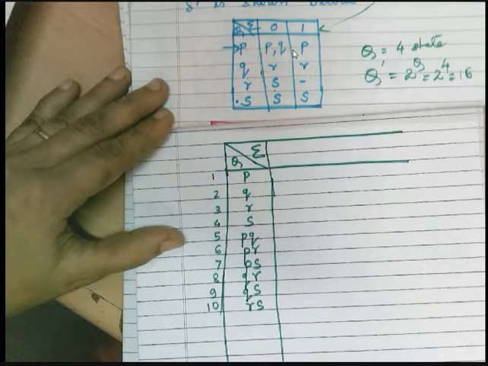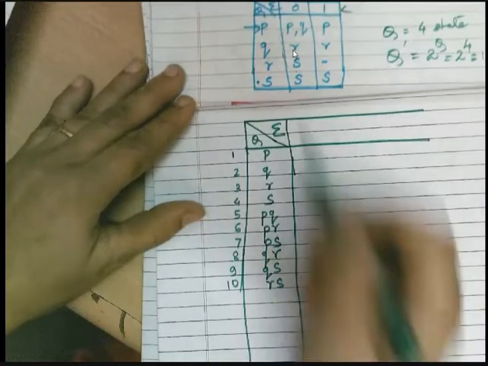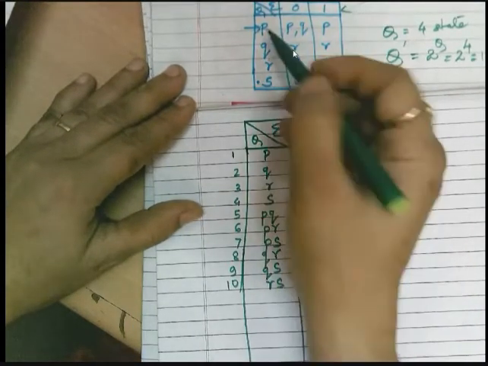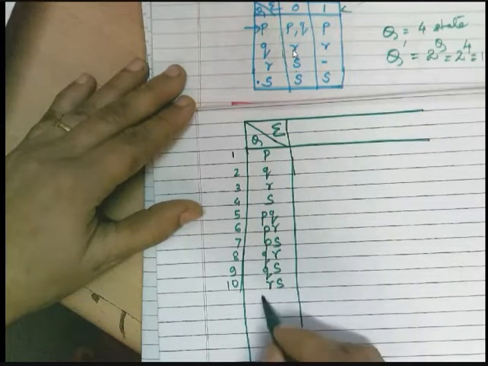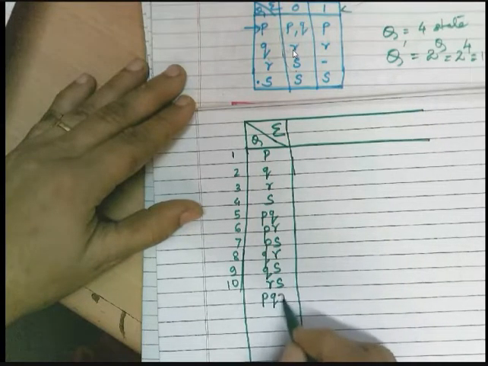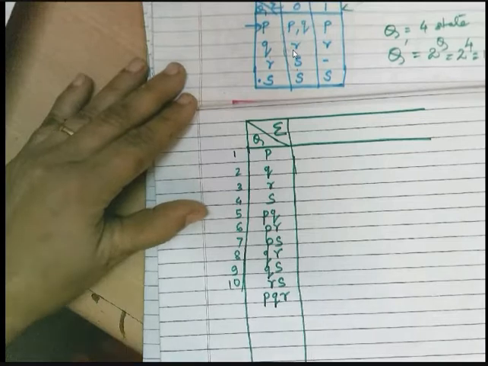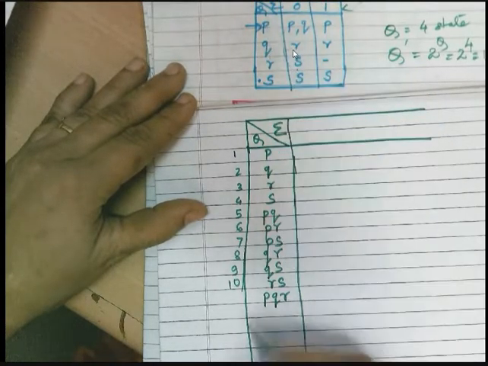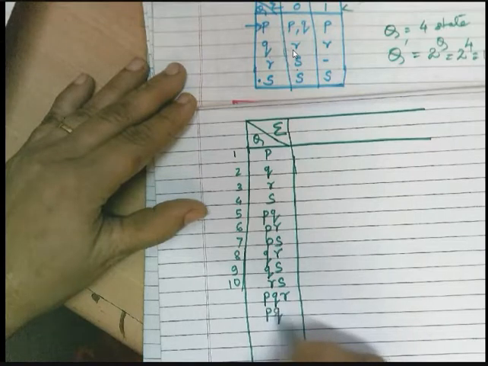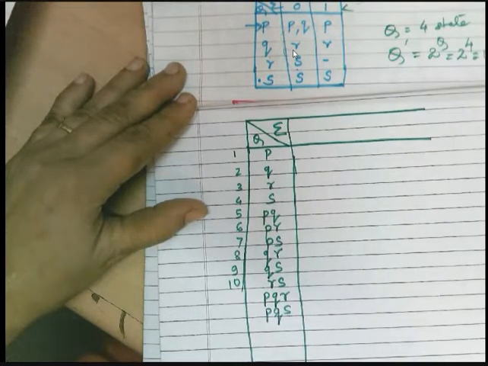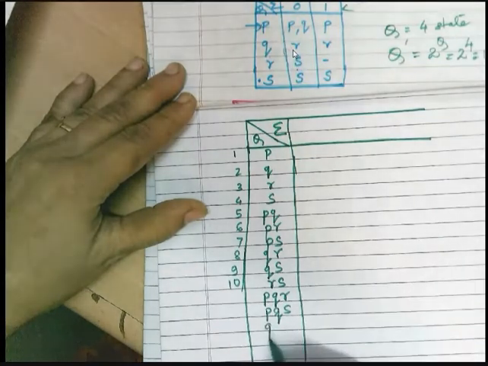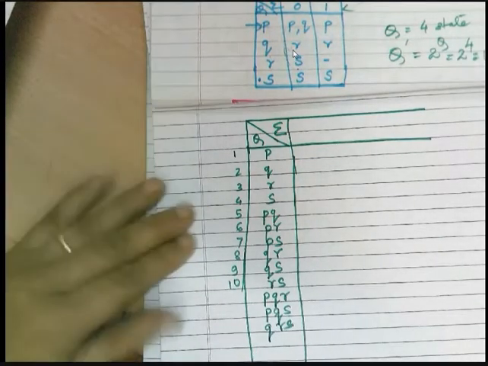Right? Next, now we have to consider 3 combinations. So the 3 combinations will be PQR. You have already learnt all these things in discrete mathematics, like PQR, then PQS. Right? Any more combination? QRS. Right?